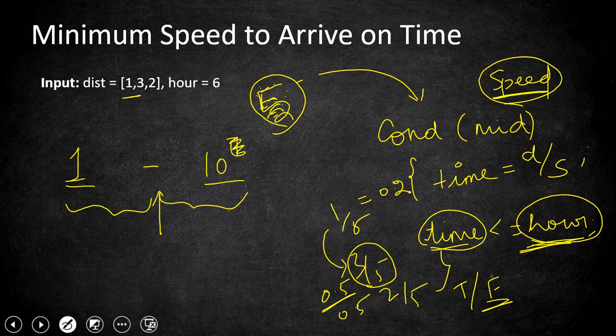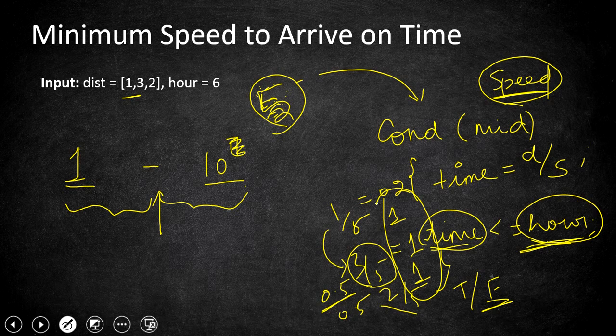Anyway, we are going to wait 1 hour completely to start our next train. So it is going to take 1 hour, and 3 by 5 is going to take one more hour, and another 2 by 5 is going to take one more hour. So now we can complete this journey in 3 hours.